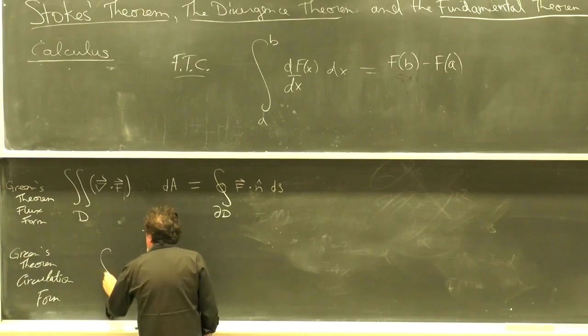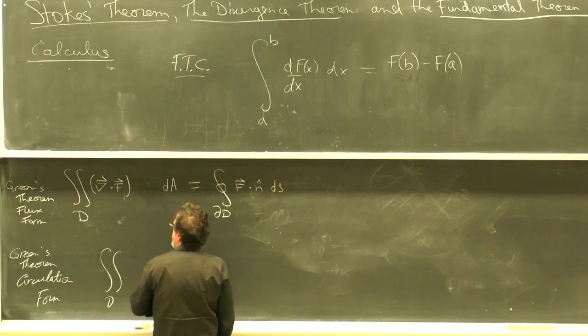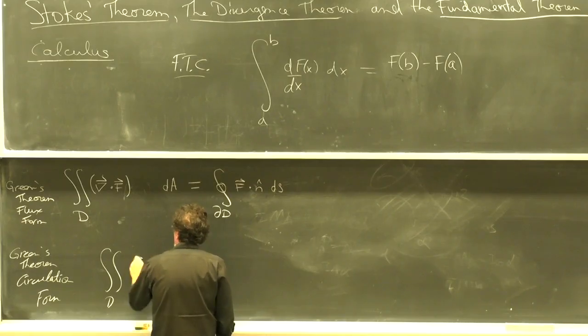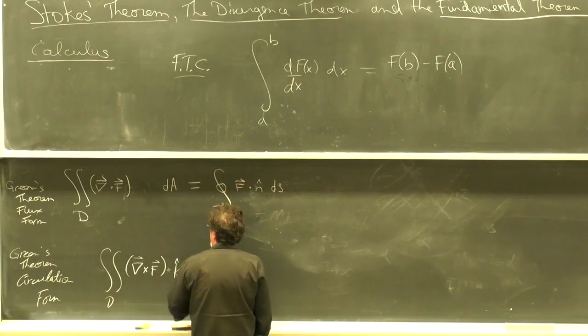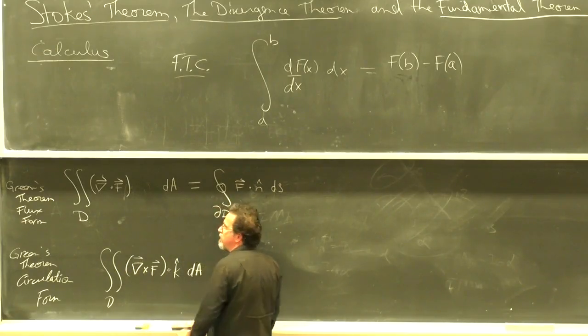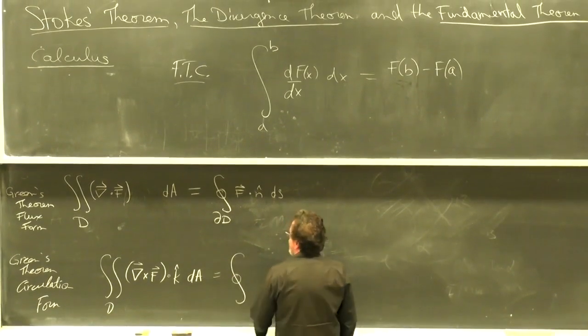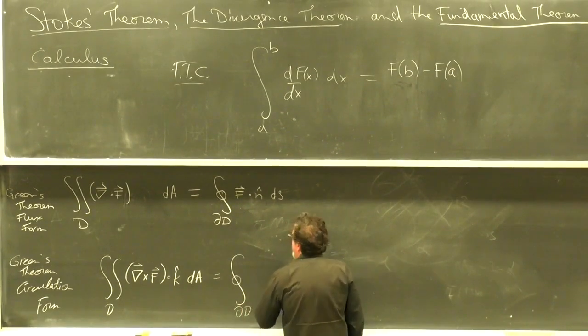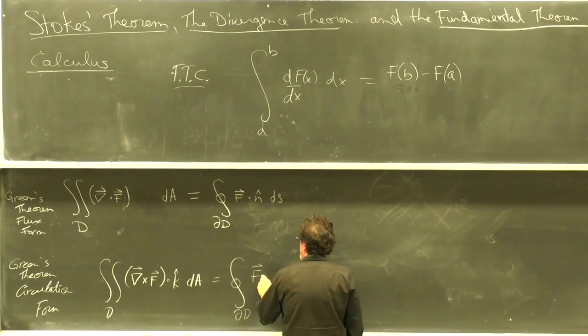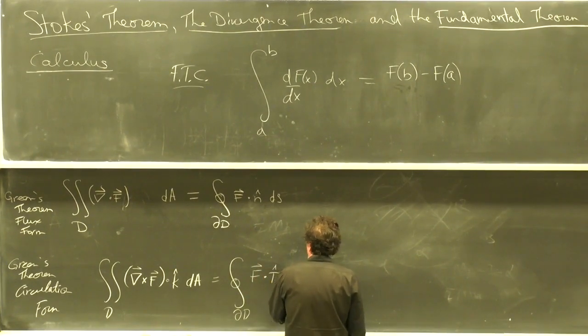Okay? And that is the integral over the domain of the curl of f, the k hat component of the curl of f, integrated with respect to the area element, is equal to the integral over the boundary of the domain D of the circulation, f dot t hat ds.